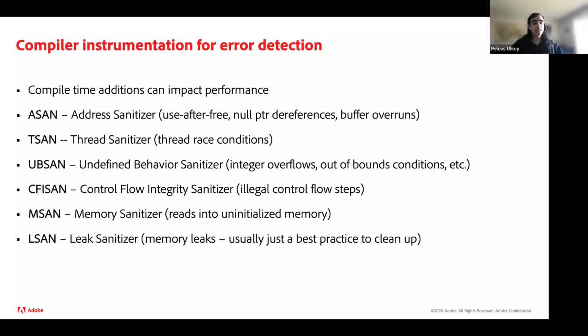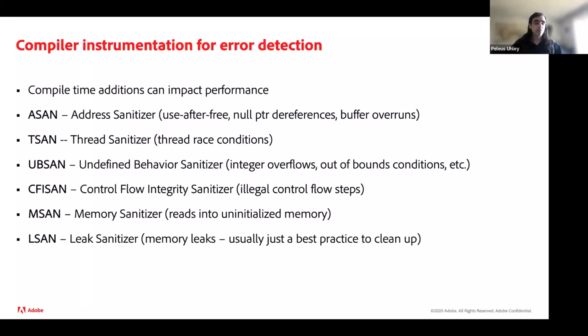But again, similar to AFL and HongFuzz, when you compile the binary, they will add extra steps into the binary that make it easier to detect when things go wrong. So it can look for issues with memory addresses, thread race conditions, undefined behavior, control flow integrity and memory issues, like if you're trying to jump into uninitialized memory.